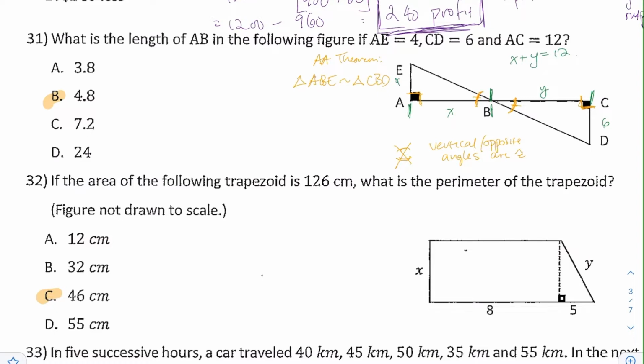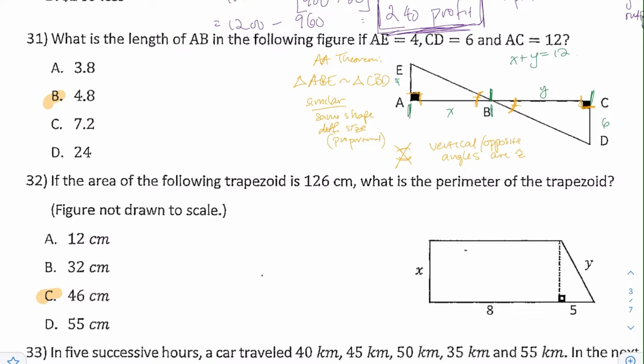The order does matter. ABE and CBD are both going to be similar triangles. And similar means it's the same shape, but a different size. Specifically, the sides are proportional.